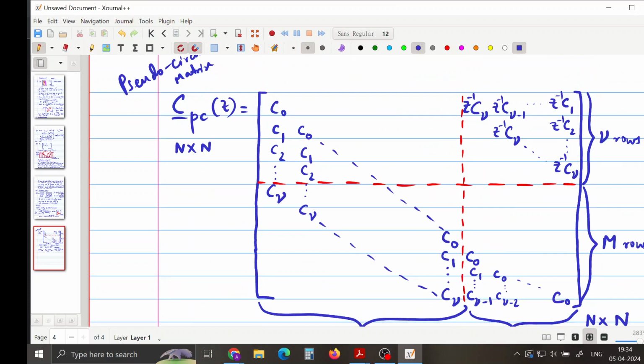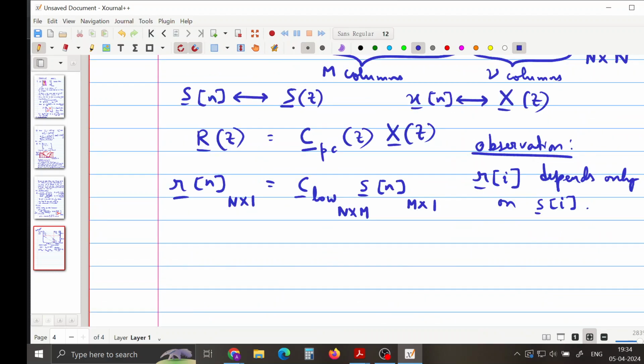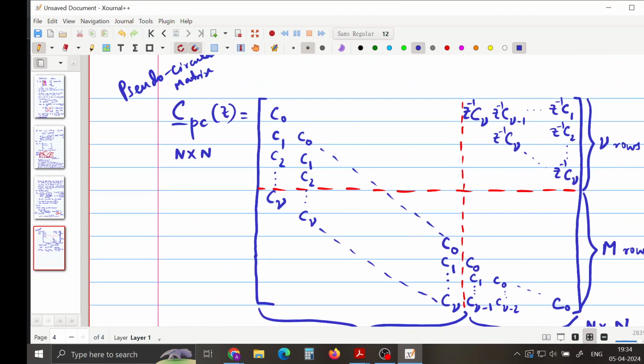And what is this C low? C low is basically the part of that C PC matrix which I have drawn here, ignoring this memory part.